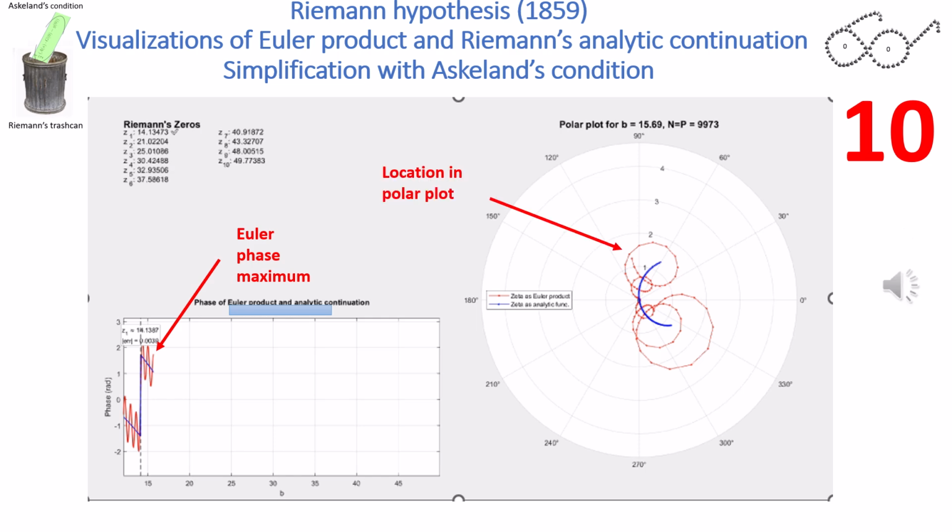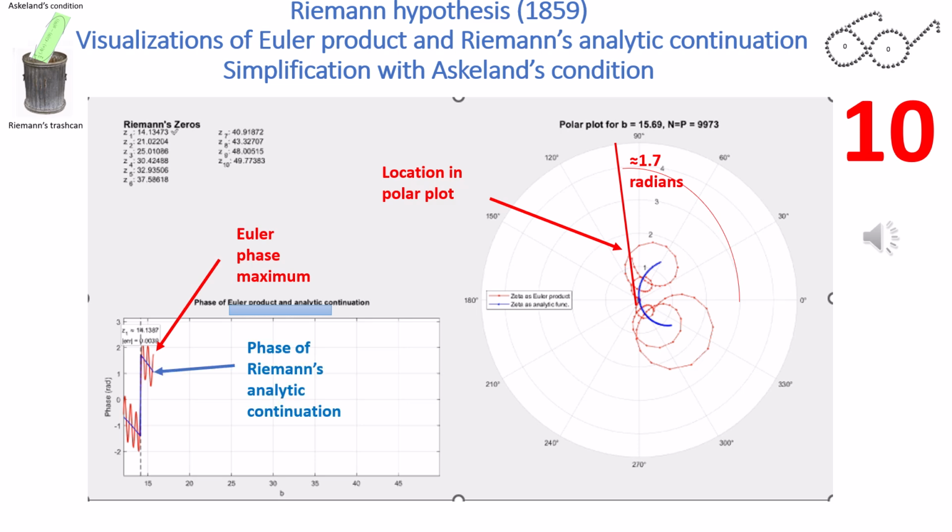And this is the corresponding location in the polar plot. This phase is approximately 1.7 radians. The phase of Riemann's analytic continuation is approximately 1 radian, which is the phase of the blue line in the polar plot.